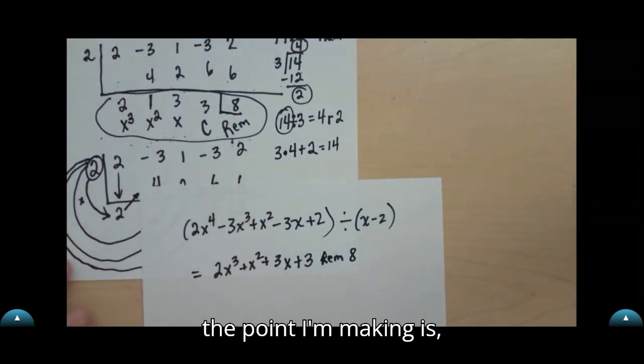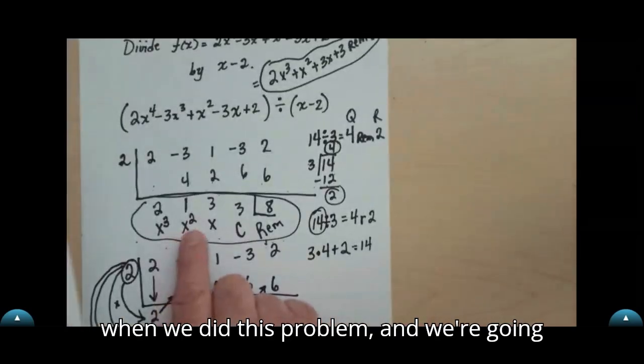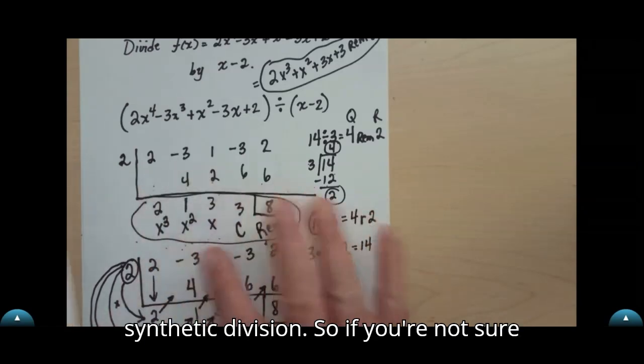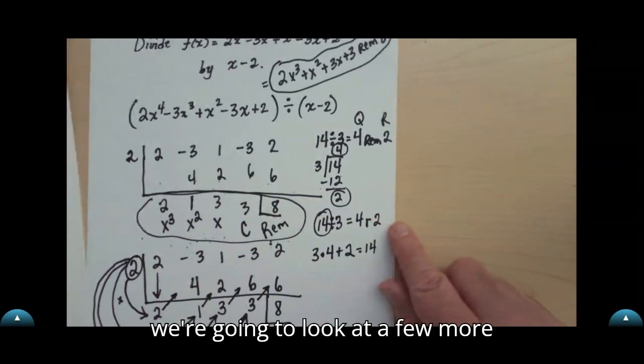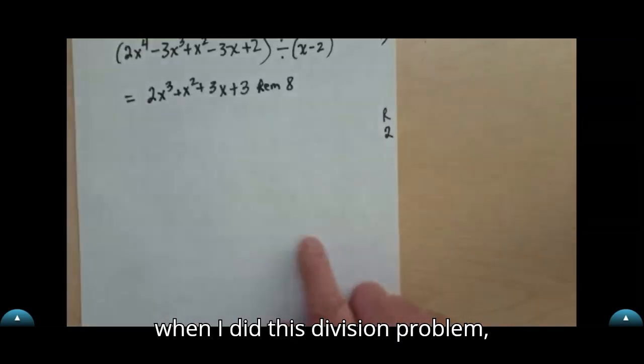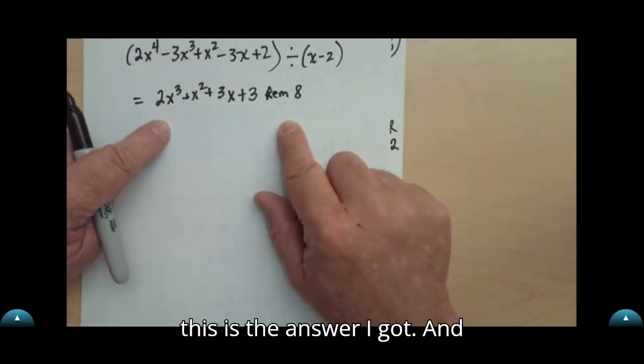So the point I'm making is, when we did this problem, and we're going to look at a couple more examples of this synthetic division, so if you're not sure you got the hang of that pattern yet, we're going to look at a few more examples. But what I'm claiming is when I did this division problem, this is the answer I got.